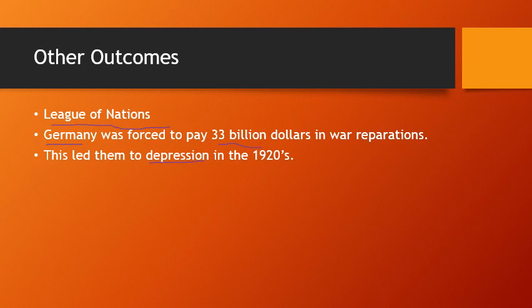So all these countries in Europe are really strapped and have depressions in the 1920s. The worst depression in the 1920s was Germany, and theirs was way, way worse in the mid 1920s than the Great Depression was in the United States.